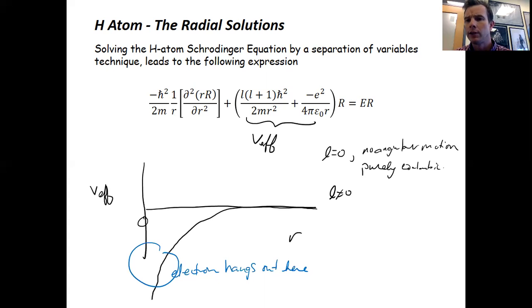And this one is a 1 over r squared. So again, at infinity, it's going to be 0. And as I approach the origin, it's going to increase to positive infinity. This is some expression which is proportional to 1 over r squared.